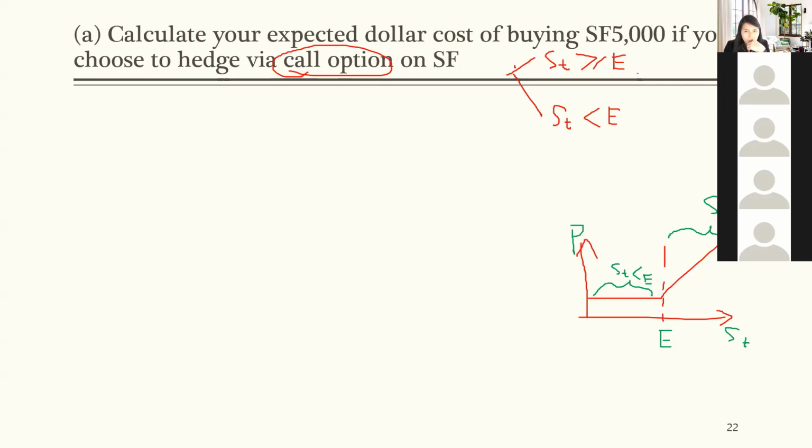All right, I'm gonna close the quiz now and share the results with you guys, okay? So we've got a fairly even split. 4 people chose exercise the option, 4 people chose not to exercise, and interestingly, we have 4 people chose forward hedge is better.